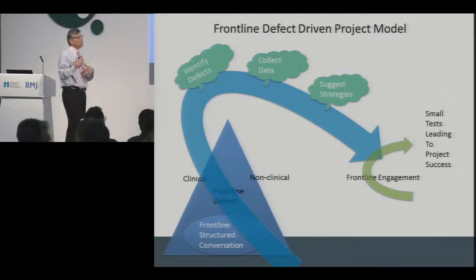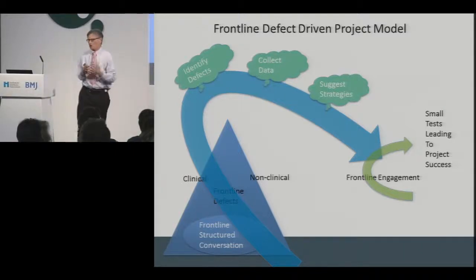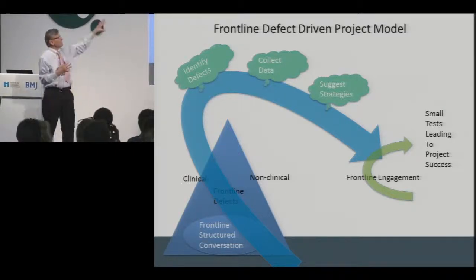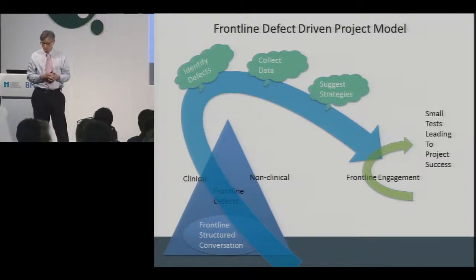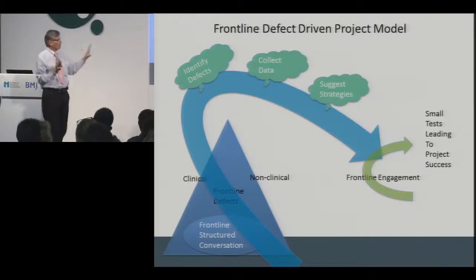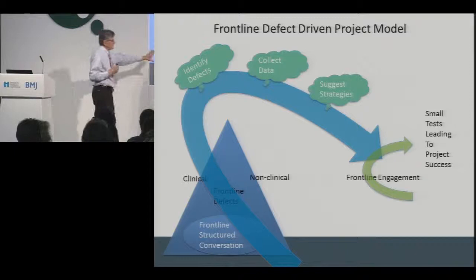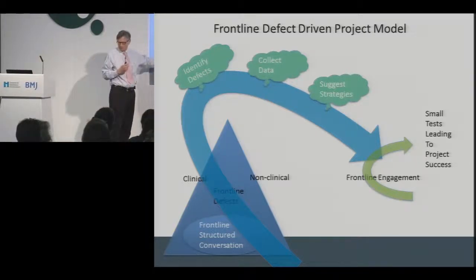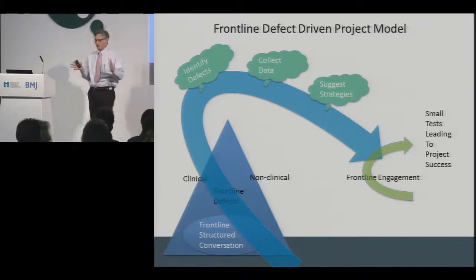We have now designed what we call a front-line defect project model, and I will walk through this very briefly with you. We design a conversation that we have with the front line.